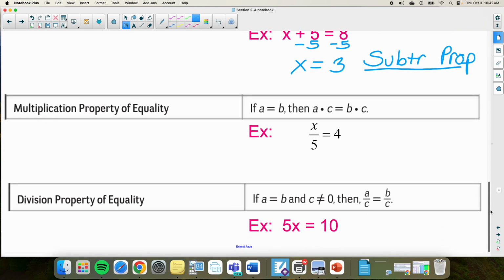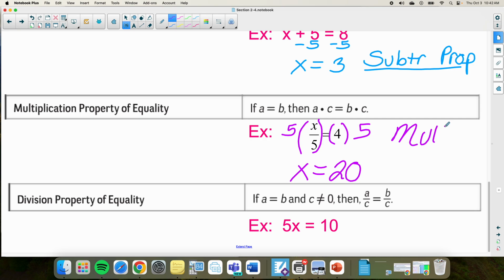Then if I look at this one, this is division, and the opposite of division is going to be multiplication. How I get rid of that 5 on the bottom is I multiply by 5. And then I would get x equals 20. And what I would write there is multiplication prop. Okay?